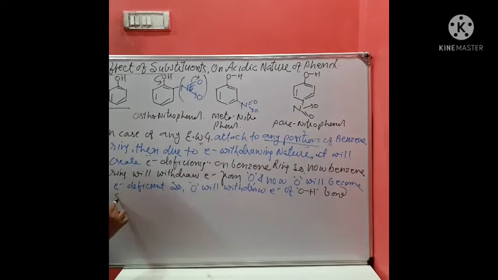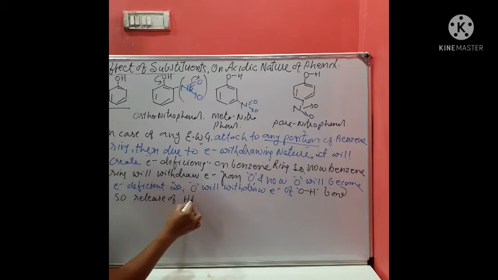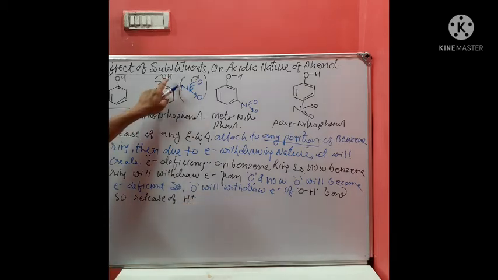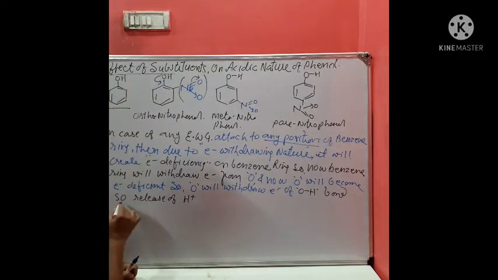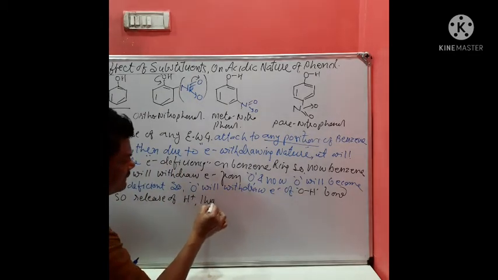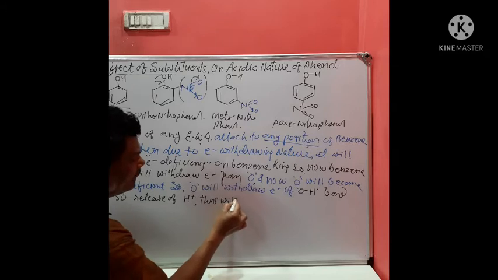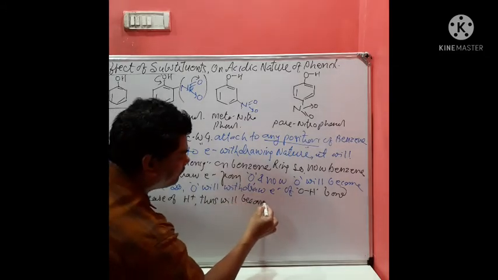OH bond. Okay, so it will release H cation to become electron efficient. So the OH bond will release H cation, thus it will become what?